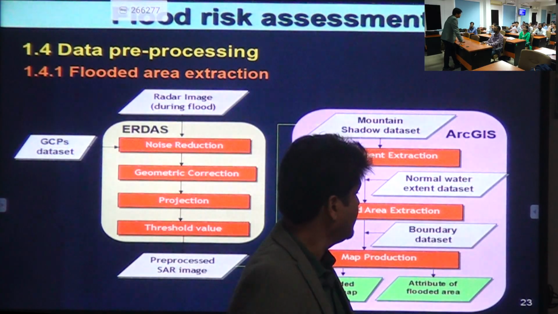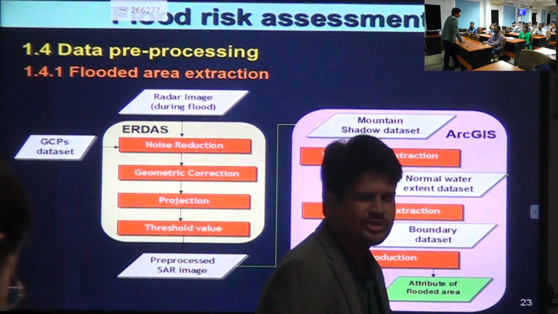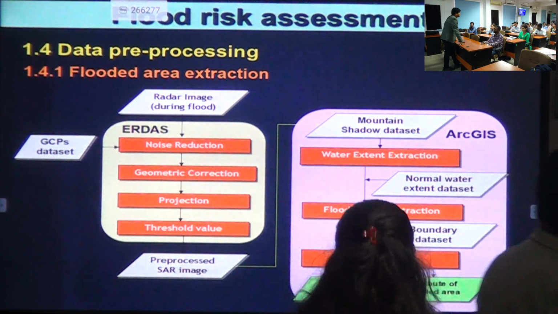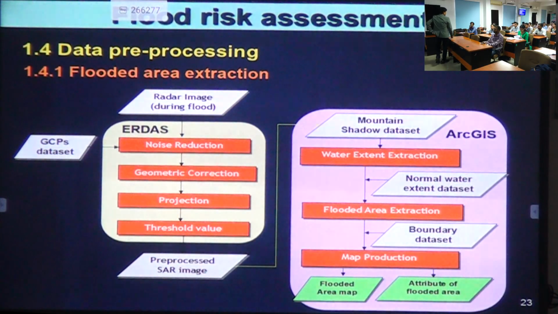Then we took in these cases data and software. Different processes obviously you have to do, but image treatment you have to do: noise reduction, geometric correction, then projection, bringing it to the right projection. You have done one exercise, but not with this software, not with this image, but another kind of image. Then we calculated threshold values, because remember, it's all about the pixel value.